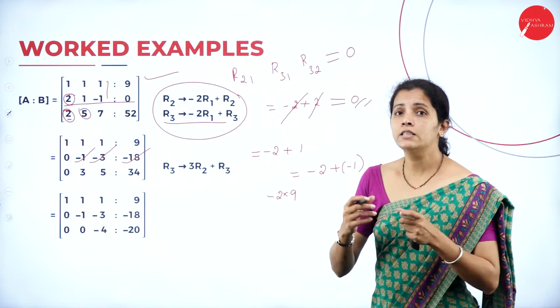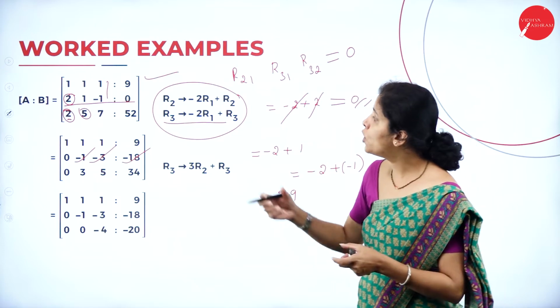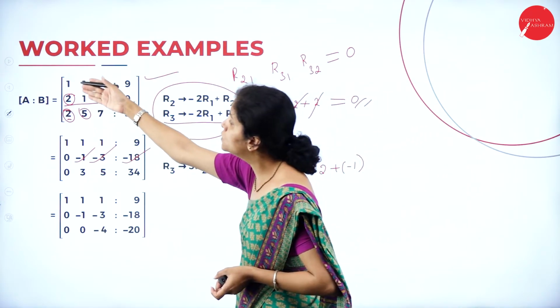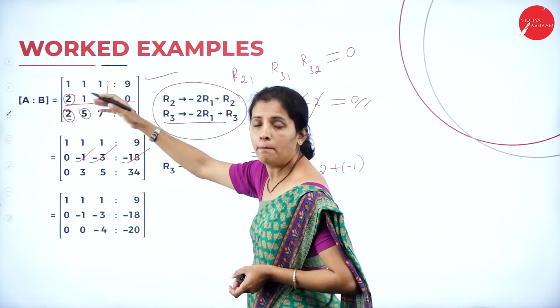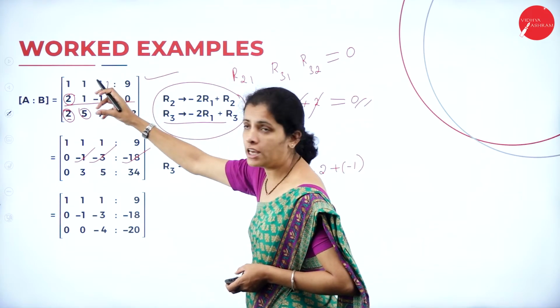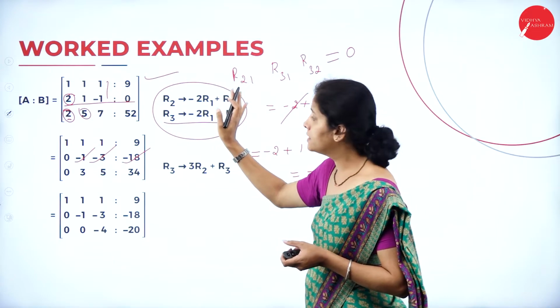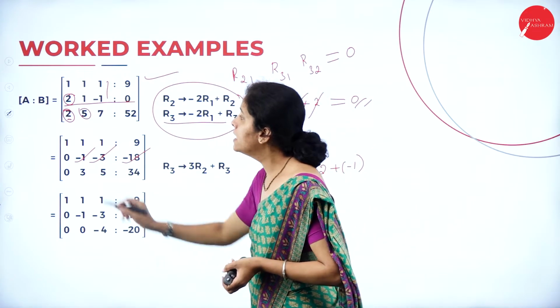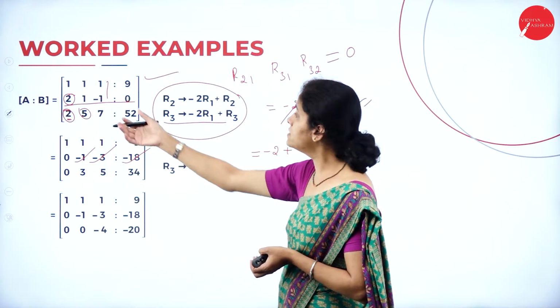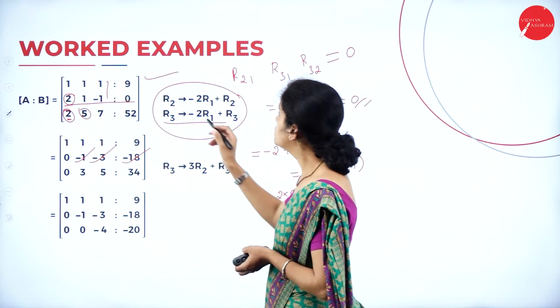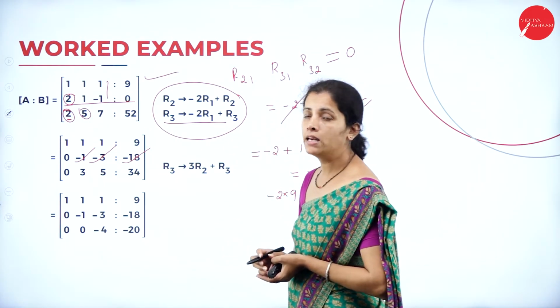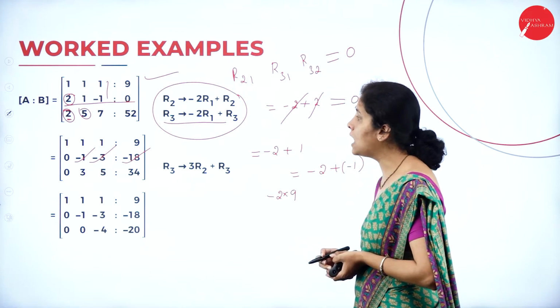That means it is your wish how you want to make these two elements 0. Based on your calculation, you construct this formula. Now see here, I just want to make this first element 0. So what is the formula? Minus 2R1 plus R3.